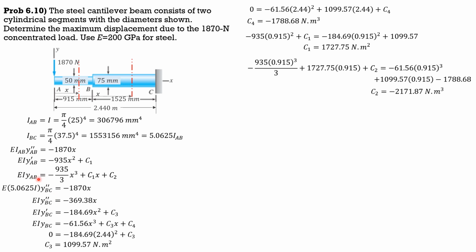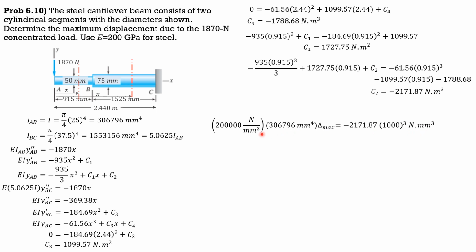Therefore, when we compute for the displacement at A, that is x is 0, so EI delta max, the maximum displacement at A, or y AB max, is equal to, because x is 0, so 0, this is 0, so what remains is c sub 2. Therefore, EI delta max, where E is 200,000 Newton per mm square or megapascals, times I, which is 306,796 mm to the fourth, times delta max, equals negative 2171.87 Newton meter cube, so we multiply by 1000 cubed to convert it to Newton mm cube.